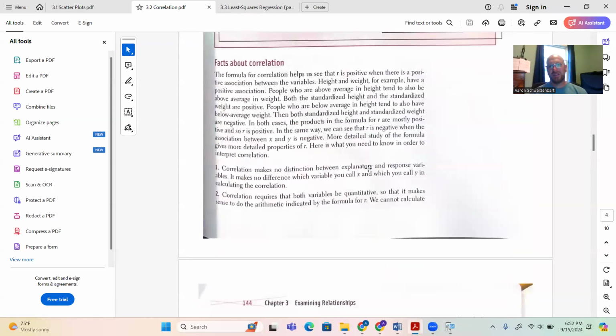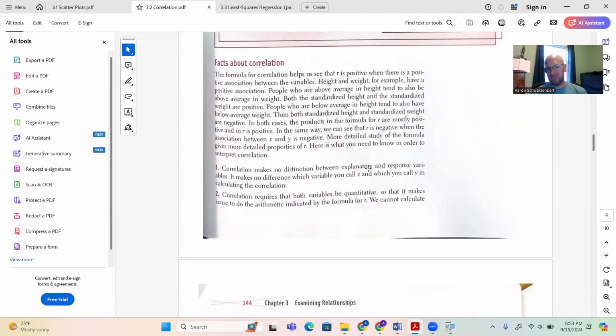Number one, correlation makes no distinction between explanatory and response. Basically, switching x and y in the equation doesn't matter because they're multiplied. You can multiply in either order. So for correlation, it doesn't matter. For regression that we're going to do tomorrow, it will actually, at the end of today, it will matter.